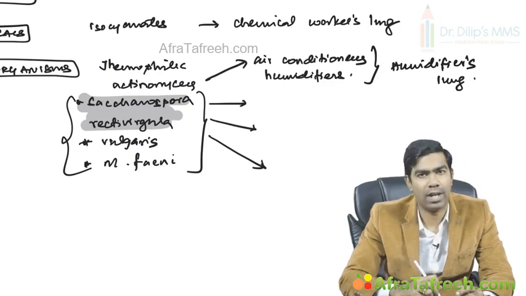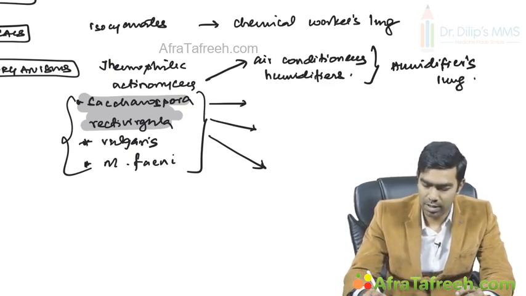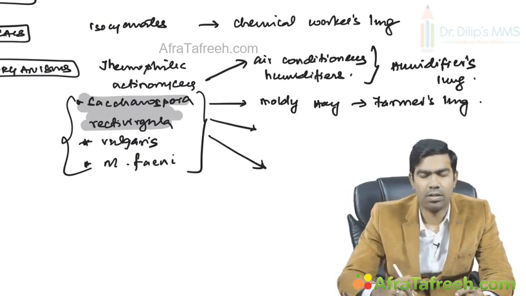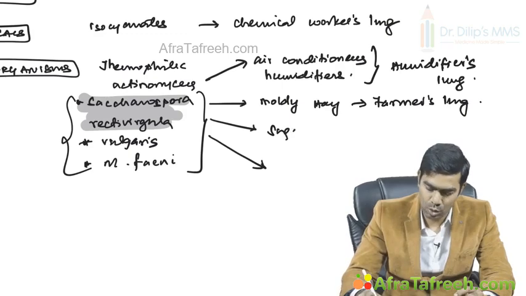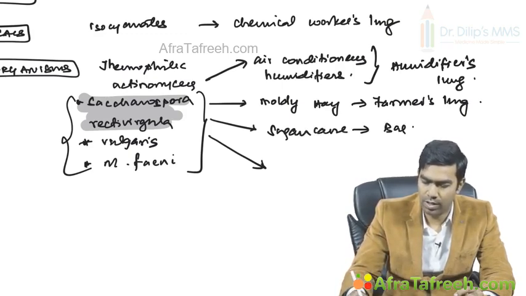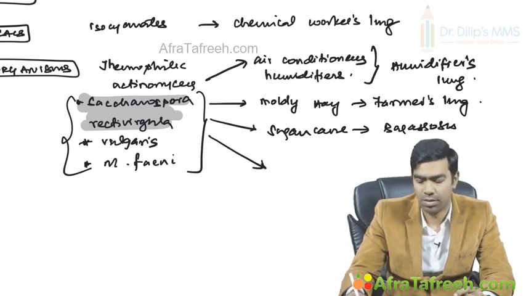Clear? In the setting of an air conditioner. Second, it can also come from moldy hay. That is referred to as farmer's lung. Third, it can come from sugarcane hay also. We are going to call that bagassosis.